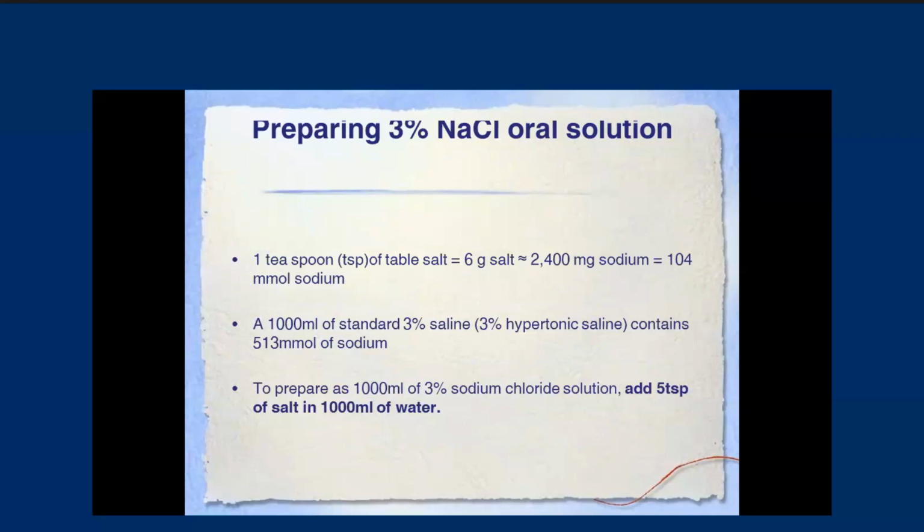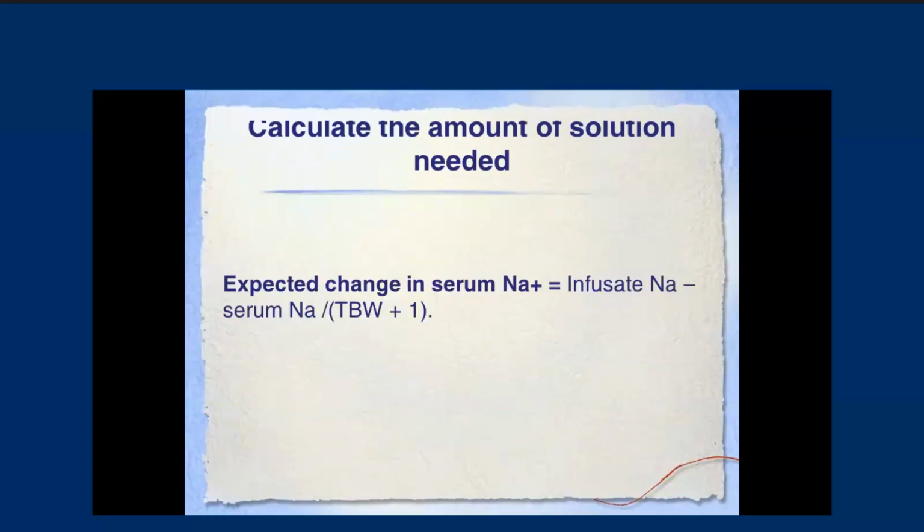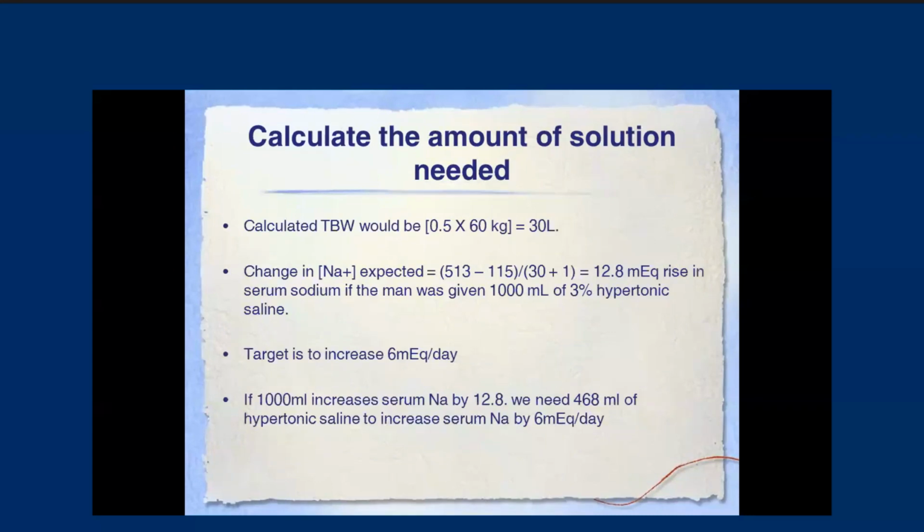So we have prepared a PO 3% saline. With this formula, we need around 468 ml of hypertonic saline or the 3% PO saline to increase the sodium by 6 milliequivalent per day. So this can be divided by 12 and it can be given every hour.